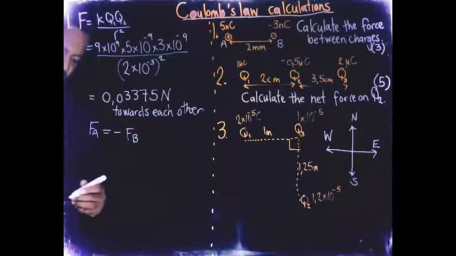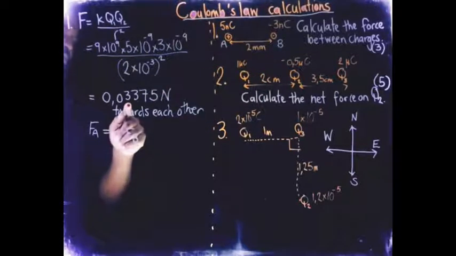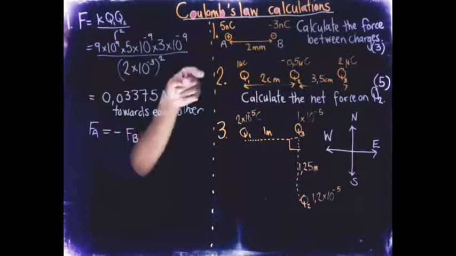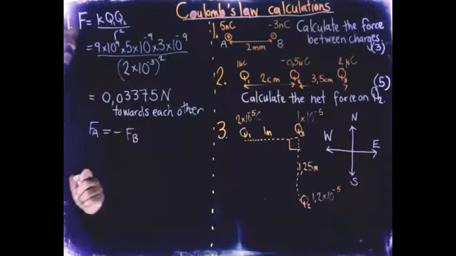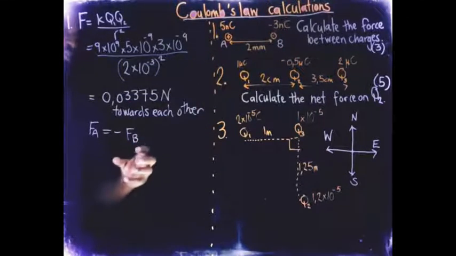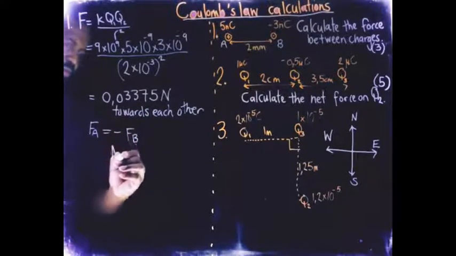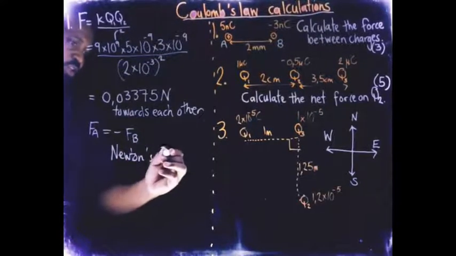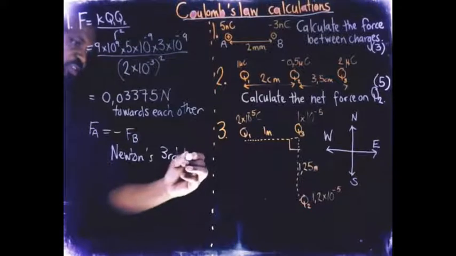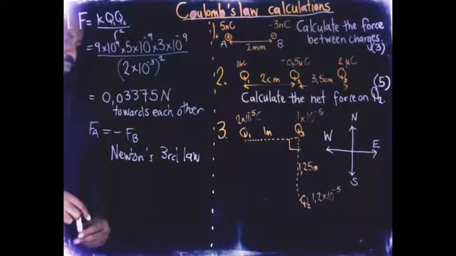So if a question says to you, calculate the force that A exerts on B, same force. Calculate the force that B exerts on A, same force. So even if B was bigger in magnitude compared to A, Newton's third law tells us that the force will be the same between the two.